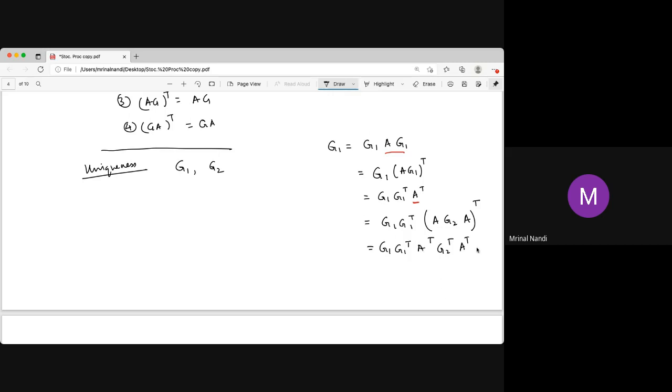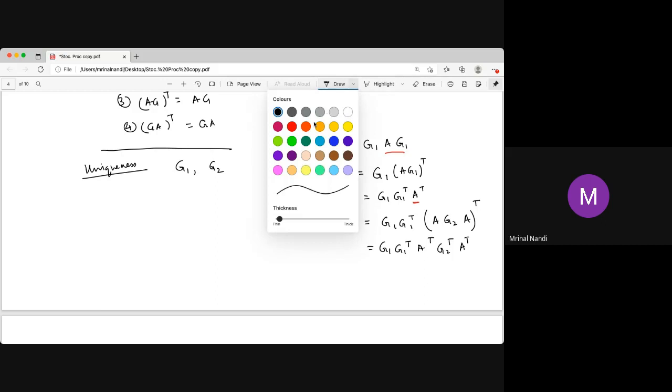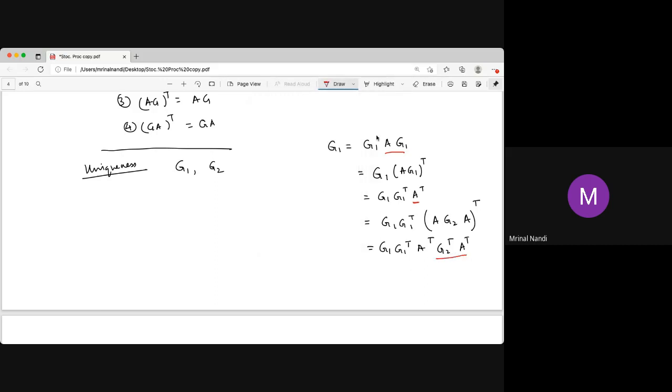Now we club G2 transpose A transpose. This is G1 transpose A transpose, then (AG2) whole transpose. But (AG2) whole transpose is AG2, because G2 is minimum norm or least square. So we have G1 equals G1 transpose A transpose AG2.